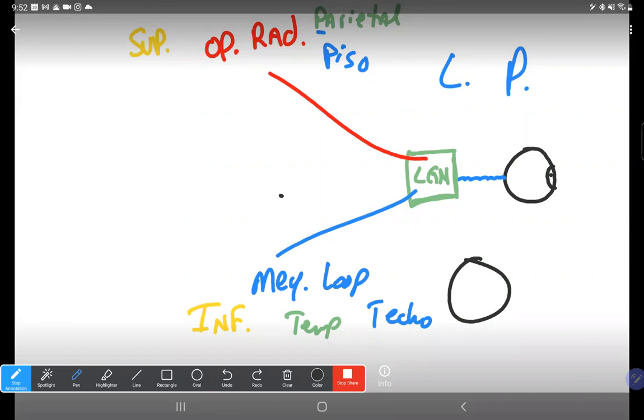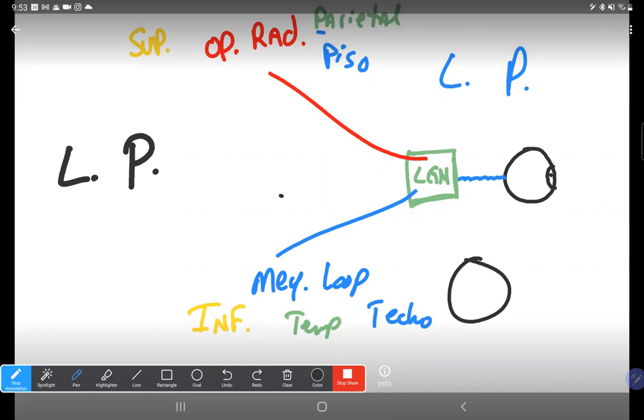So let's say you have a patient and he has a left parietal lobe lesion. Where is he going to have the quadrantanopia? What part of the eye? On the right, on the left, on the top, on the bottom? On the top.